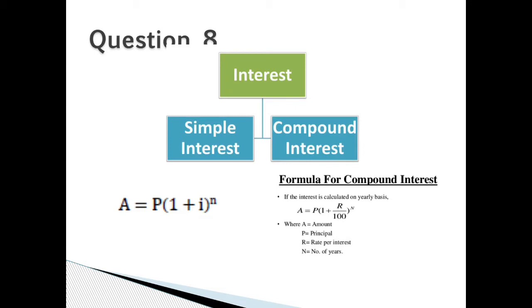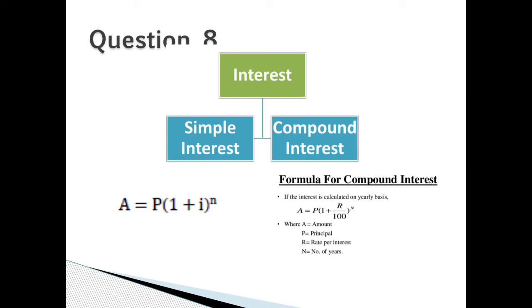If we are using simple interest, the formula is A is equal to P, brackets, 1 plus i times n, close brackets, where A is the amount, P is the principal, n is the number of years, and i is your interest rate. When you are working with compound interest, if the interest is calculated on a yearly basis, the following formula is applicable.